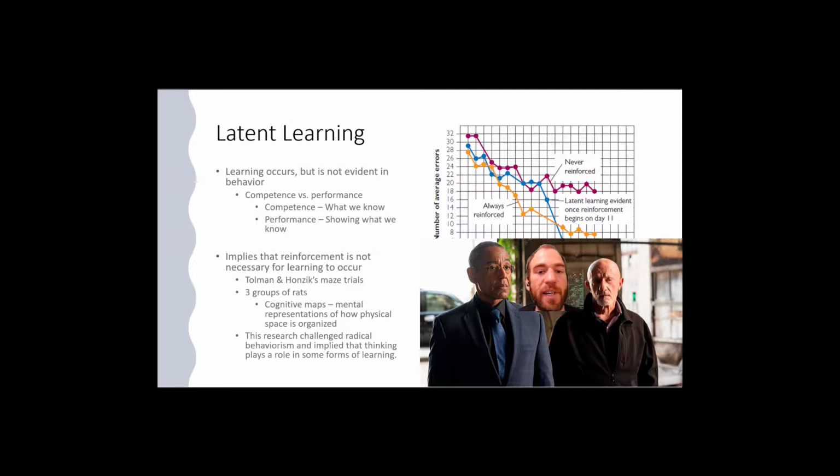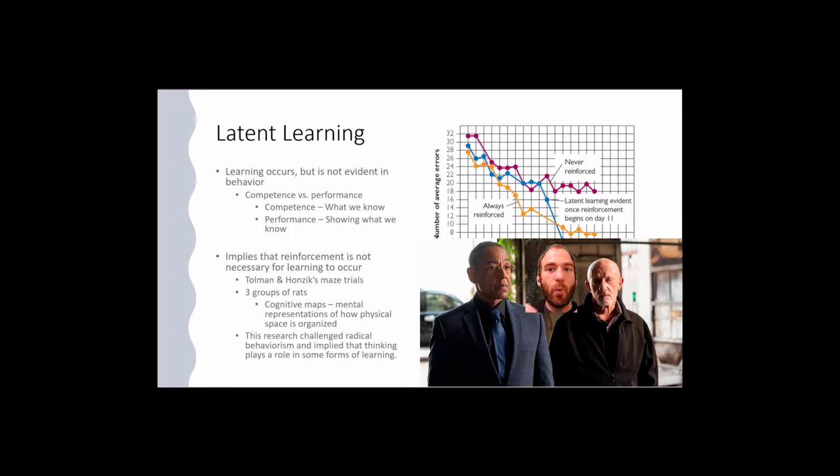And that's because it was thought that, okay, yeah, these rats in the orange line are always getting reinforced, but the blue line rats are not getting reinforced. But what they did is they had that blue line group of rats watch the orange group perform the maze successfully.